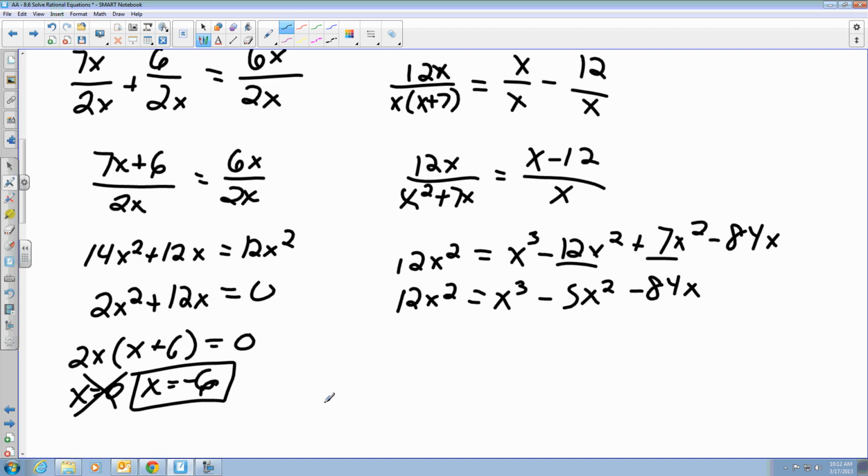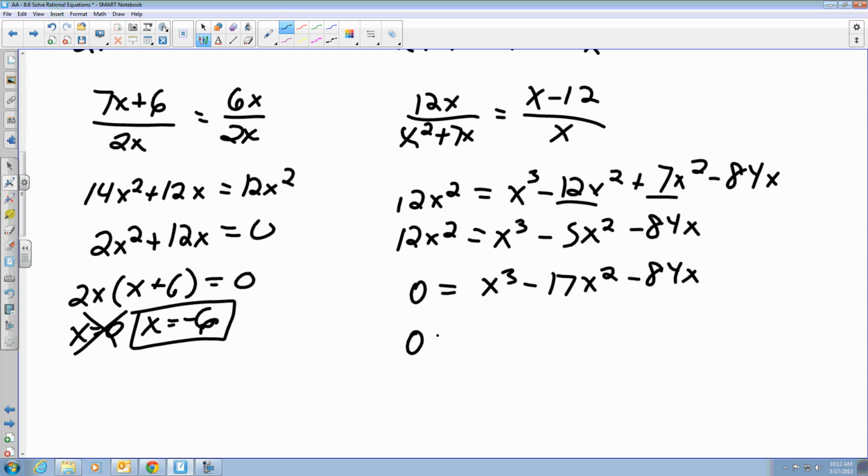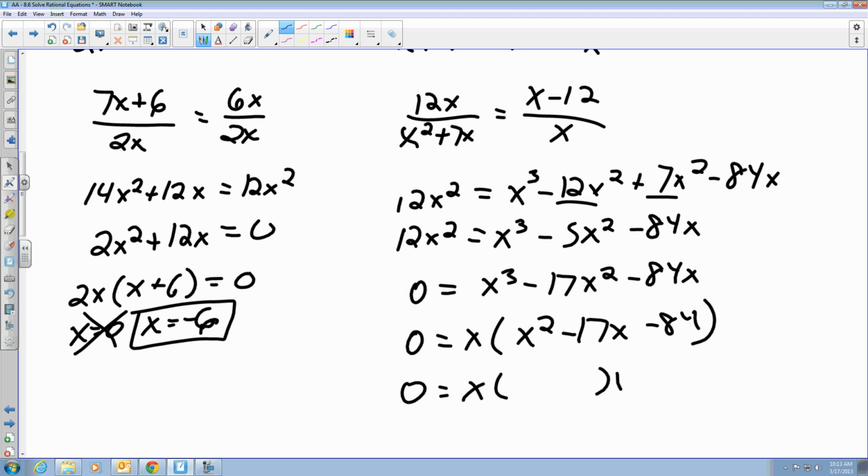If I subtract 12x squared from both sides, I get 0 equals x cubed minus 17x squared minus 84x. I can factor out an x here, so I'll be left with x squared minus 17x minus 84. I can use reverse FOIL.